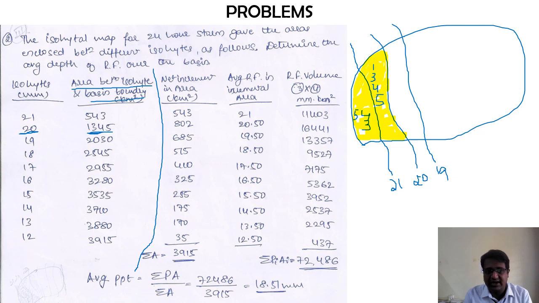If you check out the third column, you have the same 543 value. The next cumulative value is 1345. So 1345 minus 543 will come as 802.